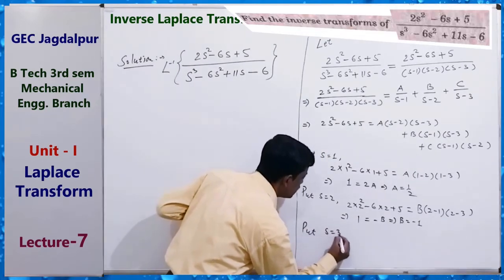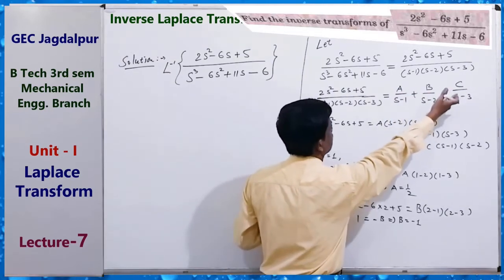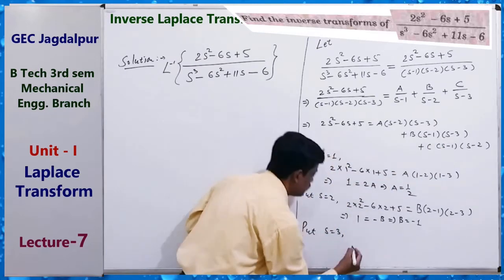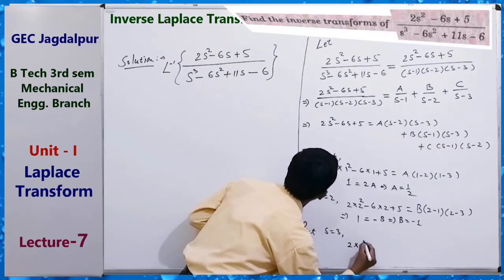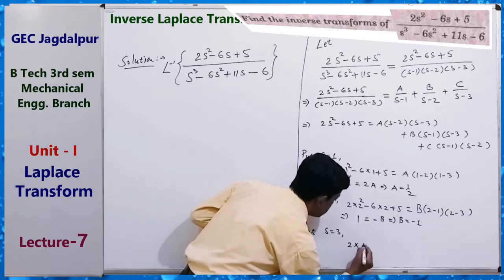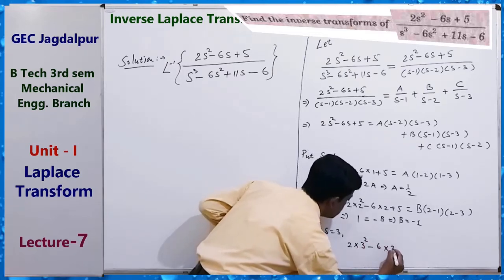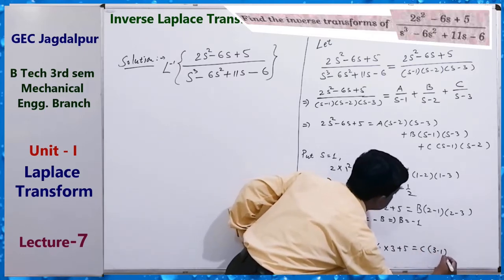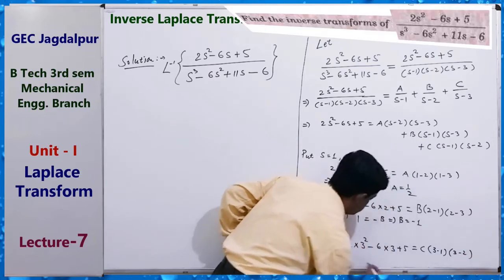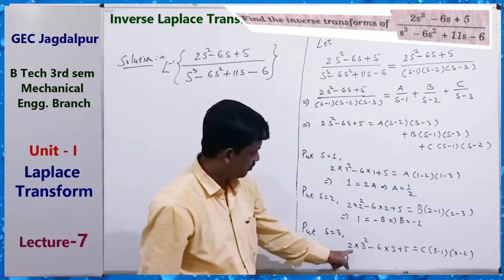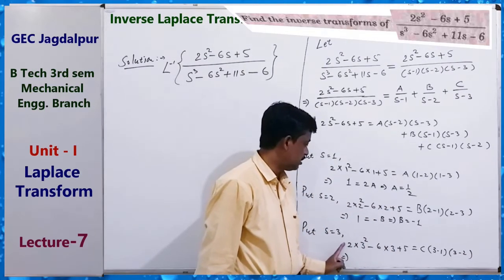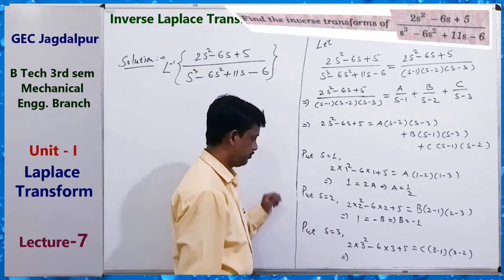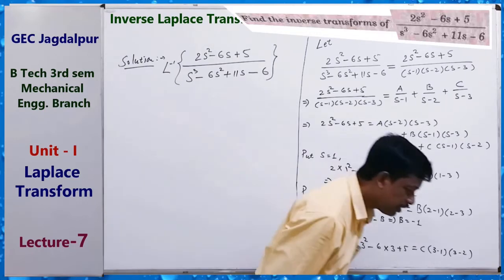Also put s equals 3. Here the other terms are 0, c will remain. So here 2 into 3 squared minus 6 into 3 plus 5 equals c into (3 minus 1)(3 minus 2). 3 squared is 9, 9 into 2 is 18, 18 plus 5 is 23, 23 minus 18 is 5.